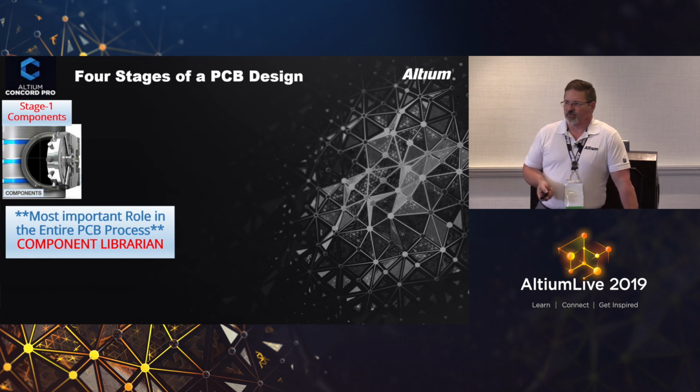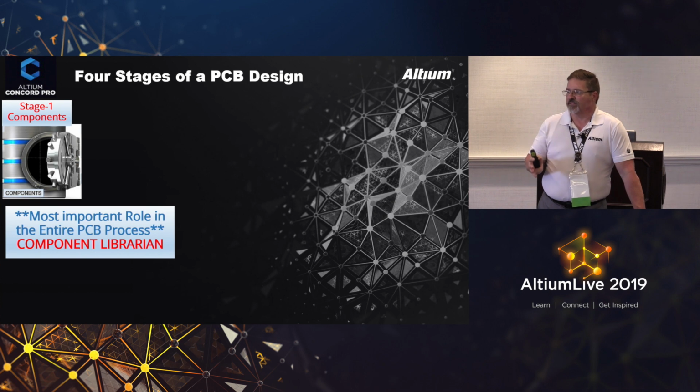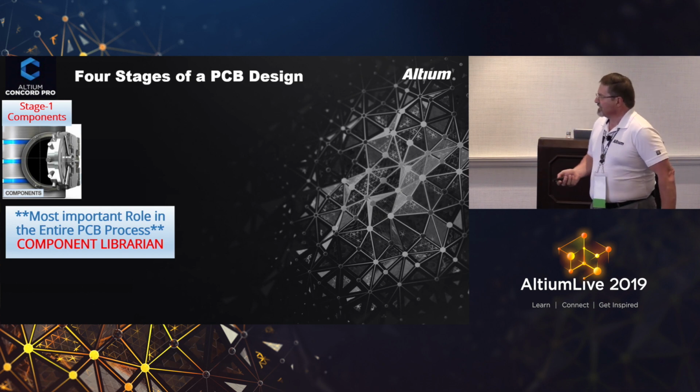They have the task of setting everything in your library as being good and correct and starting your design. There are endless stories I could give you about small things in schematic symbols or PCB footprints that were wrong and caused major problems in designs. Once again, the butterfly effect hitting us. So the most important role in that entire PCB process is your component librarian.